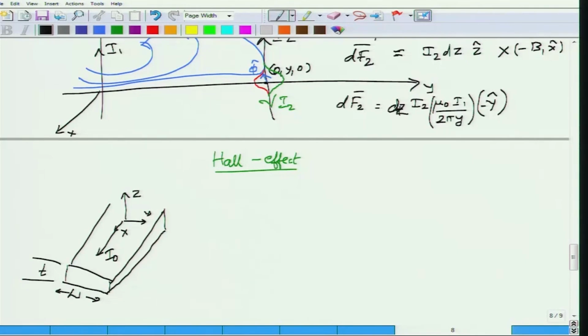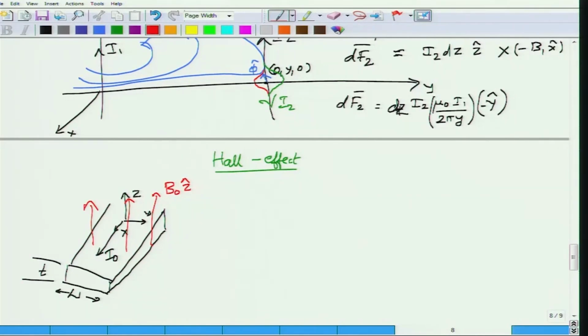Now what I am going to do is apply a magnetic field which is uniform throughout, having a value of B0 and directed along the Z axis. That is, I apply a magnetic field perpendicular to the bar, and I want to find out what happens. It turns out that because of this magnetic field, there will be a charge separation leading to a voltage difference between the two faces of the conducting bar.